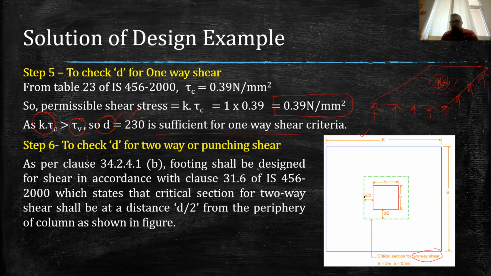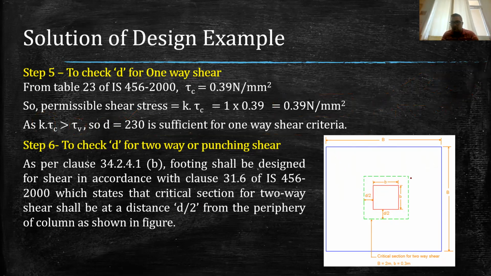Here we have to choose whether we consider the interior side of the critical section or the exterior side, because earlier in the one-way shear criteria and bending moment criteria, we had to choose LHS or RHS, but here there is no LHS, RHS.